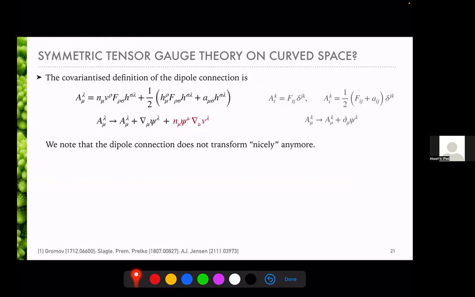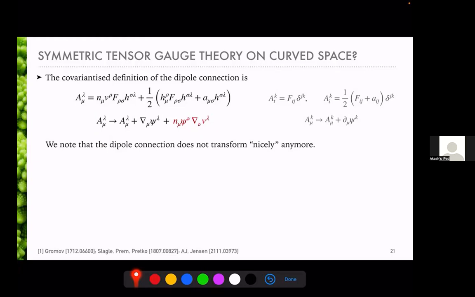This is an important point: before, I had defined this dipole gauge field, which is some transformation that looks like this. I can try to do that in curved spacetime, and it turns out that the curved spacetime generalization of this gauge field does not transform nicely under these dipole shift transformations.